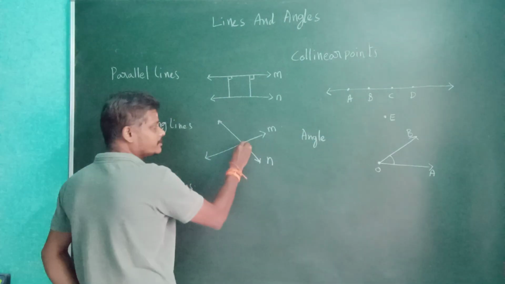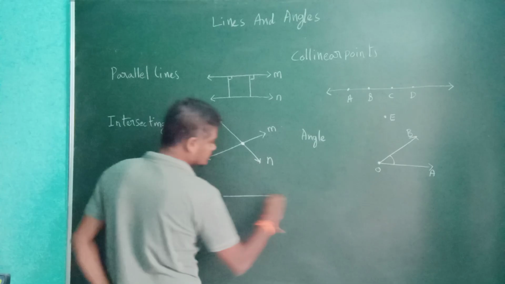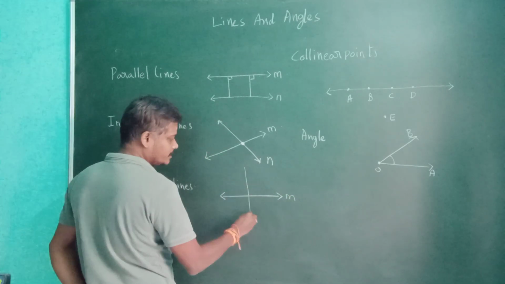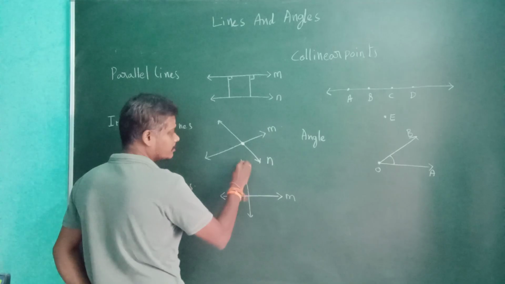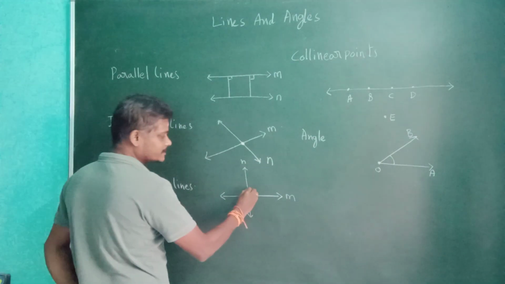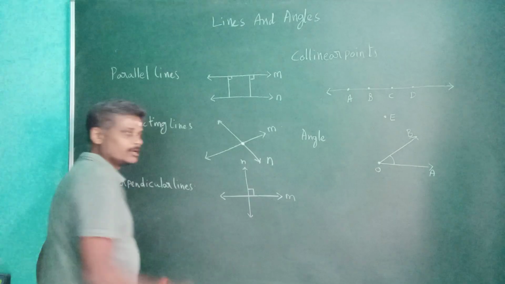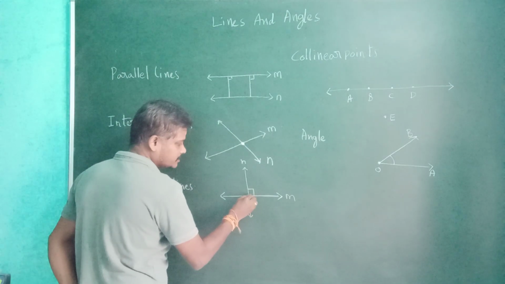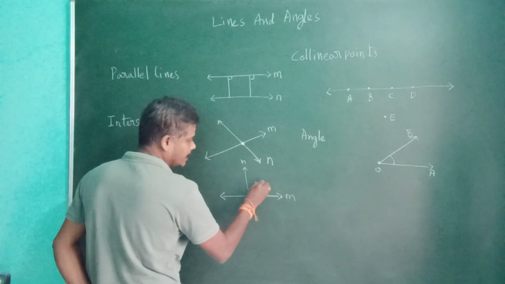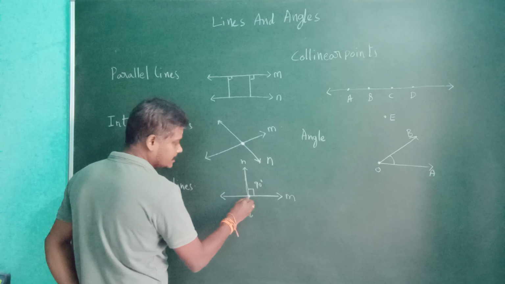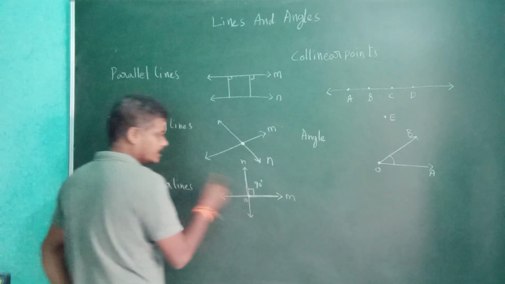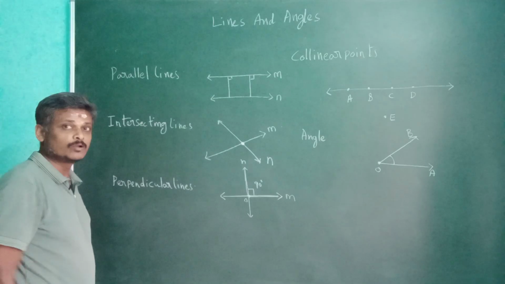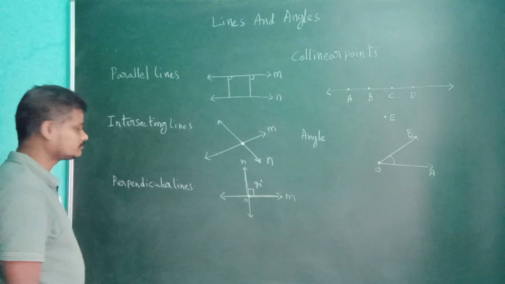This is the point of intersection, this is a line M and this is another line N. If these two lines intersect perpendicularly, that means this is the point of intersection or common point. This angle is 90 degrees. This angle is 90 degrees. Then these two lines M and N are called perpendicular lines.